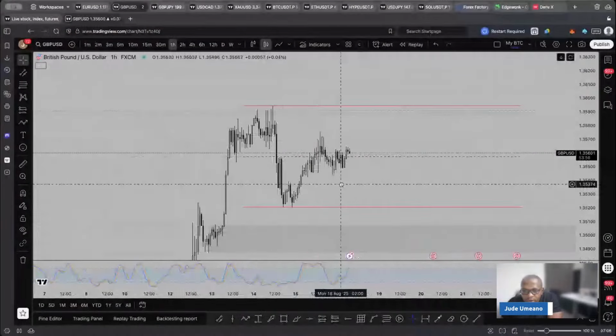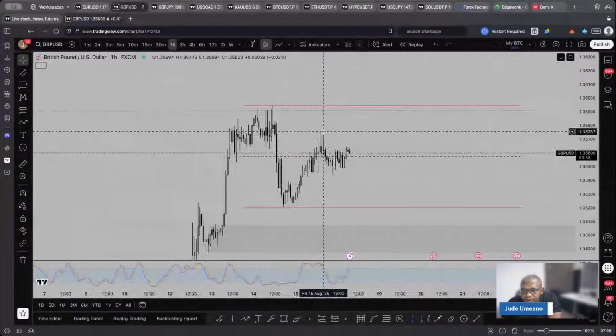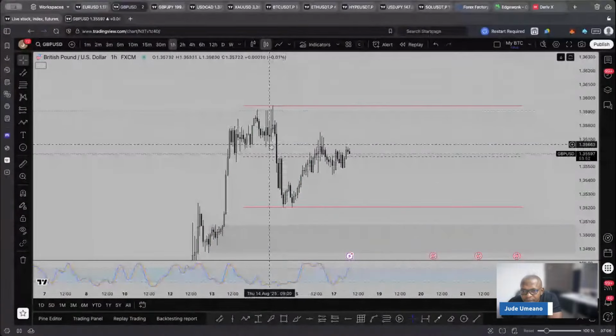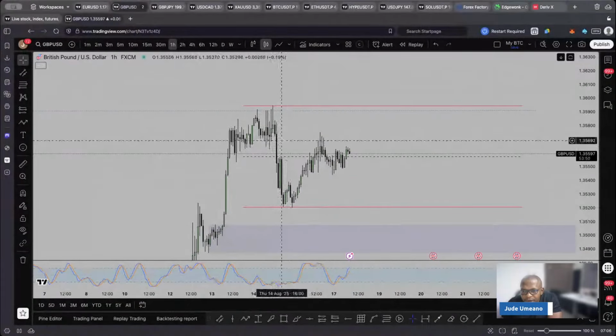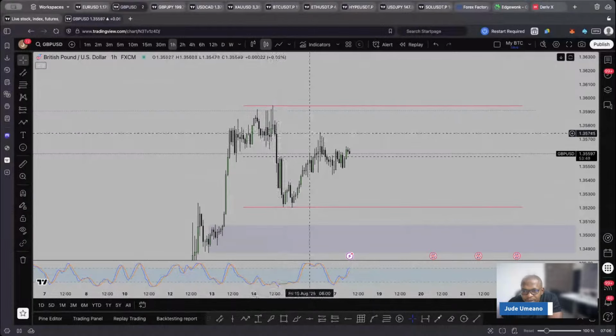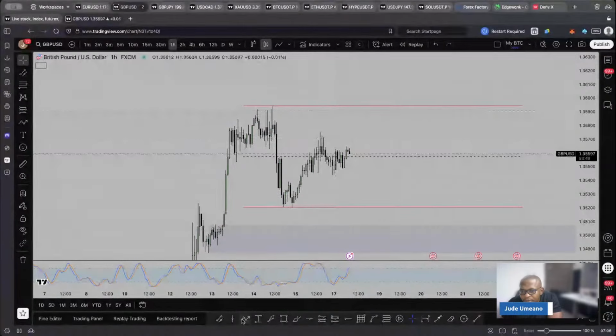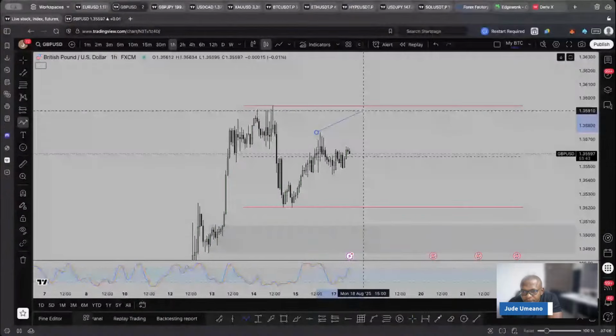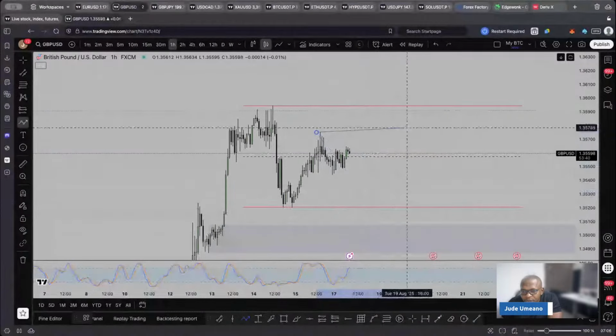In this 1 hour now, I'm going to take a different range. This here has been already tapped into. So I'm still going to mark a different range within for the swing trade. So this top and this top will now become our possible targets.